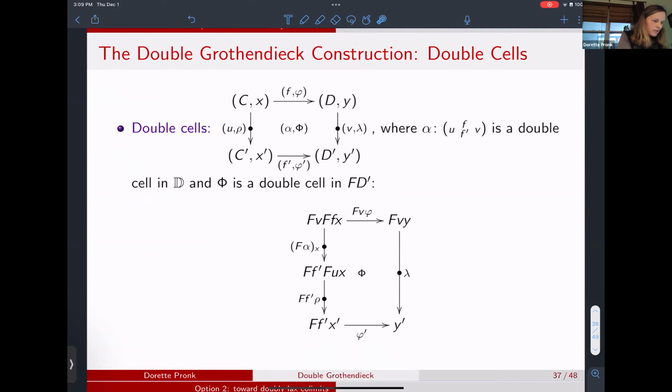All the way, because F alpha is going to give me, one second, I'll draw it like this. F alpha is a vertical cell, remember, a vertical cell for FF, FV, FU, and FF primed. So just to remind you, because we're going into Q double cat V, this is a vertical cell, which means that I have a vertical arrow like that.